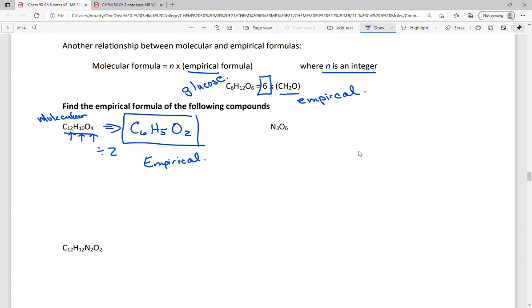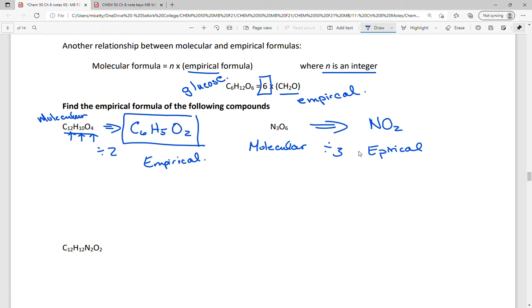Again, trinitrogen hexoxide, I guess you say. If we take a look at that, that is the molecular formula. If you were to scale that down, both are divisible by 3. And so the empirical formula would be NO2. Same one down here.